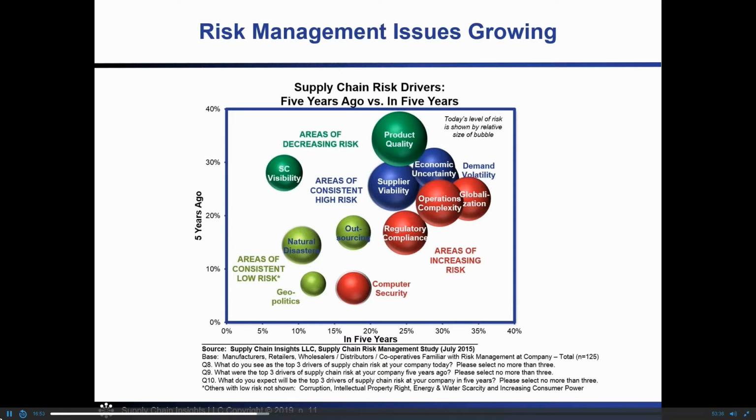And you need to understand that demand volatility is one of the largest risk factors that we have. So if we look at 5 years ago versus the future 5 years, and we look at risk factors, you can see the size of the demand volatility bubble is bigger, even though it's underneath economic uncertainty, and we certainly have had a lot of that, and supplier viability.